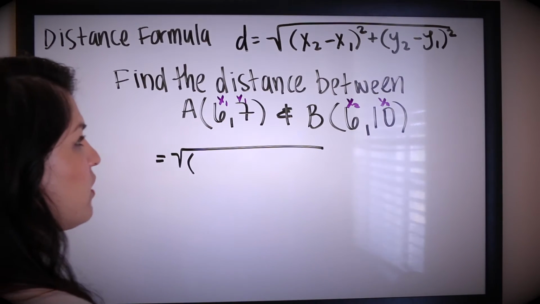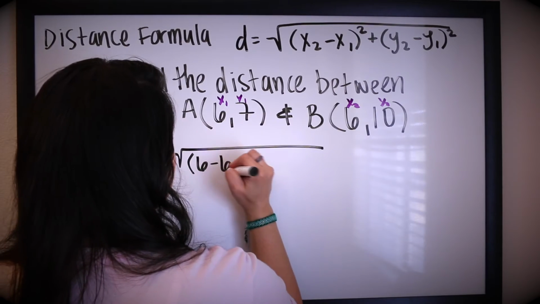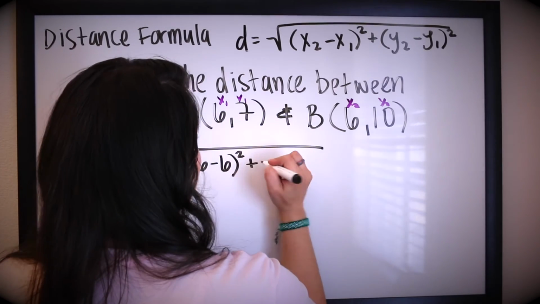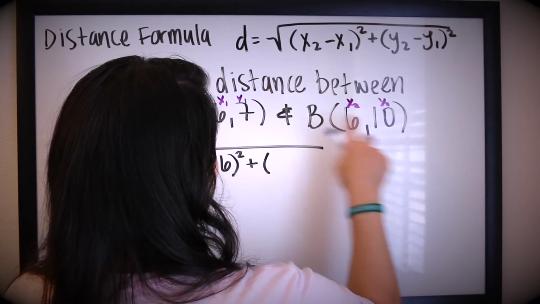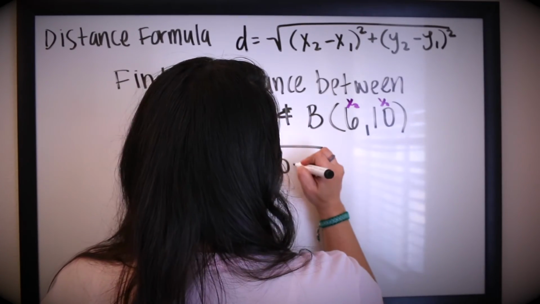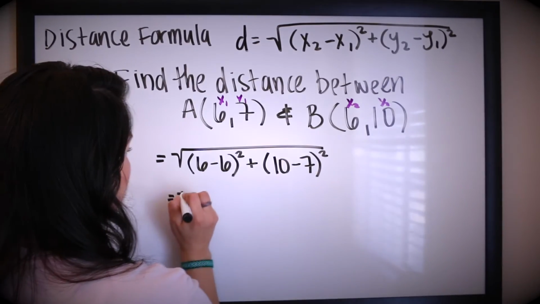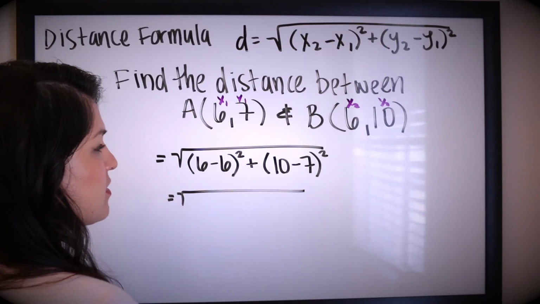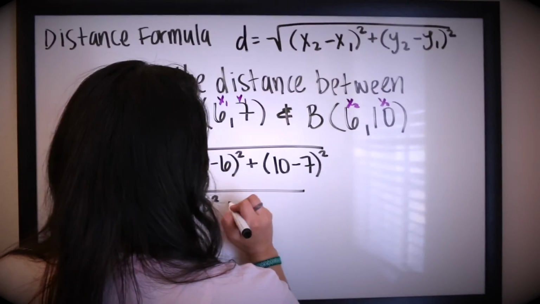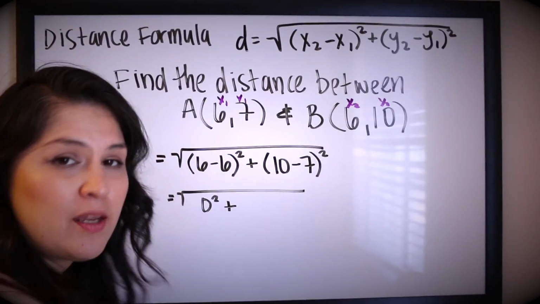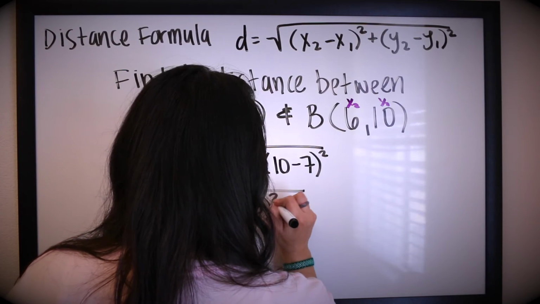x2 minus x1, which is our 6 minus a 6 squared, y2 minus y1, which is 10 minus 7, squared. 6 minus 6 is 0, squared, which we know is 0. 10 minus 7 gives us a 3, squared.